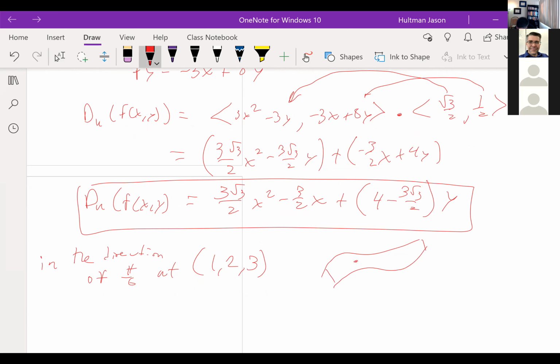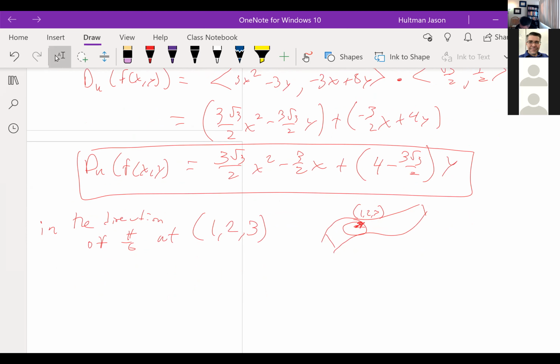But at 1, 2, 3, we want the derivative in the pi over 6 direction of this surface, this z function.